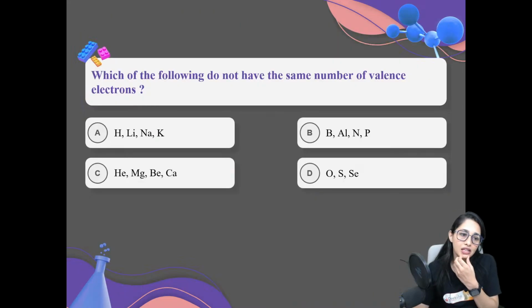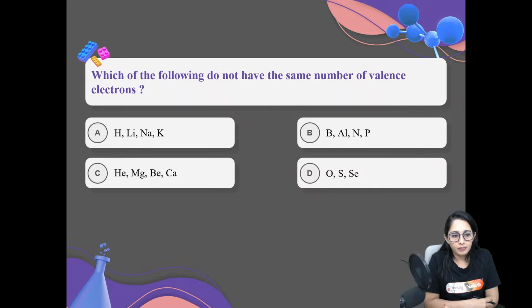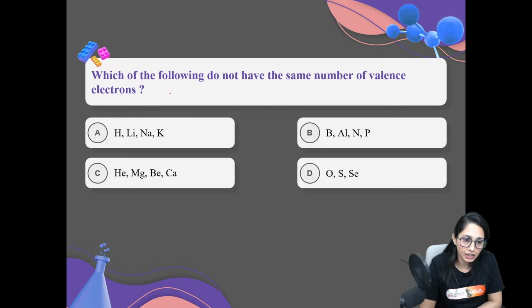Which of the following do not have the same number of valence electrons? Hydrogen, lithium, sodium, potassium; boron, aluminium, nitrogen, phosphorus; helium, magnesium, beryllium, calcium, cadmium is Cd, sorry; oxygen, sulfur, selenium. The elements belonging to the same group will have the same number of valence electrons.